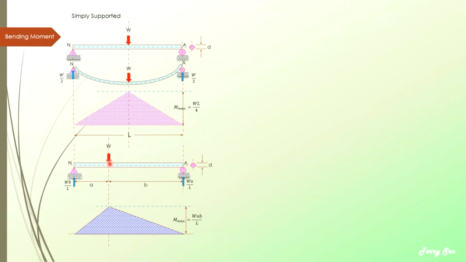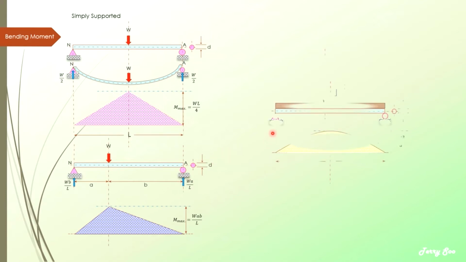The maximum bending in this case can be found by taking W times A, which is this length here from the left-hand support, multiplied by B, which is the length from the right-hand support, and then divided by the total length of the shaft.